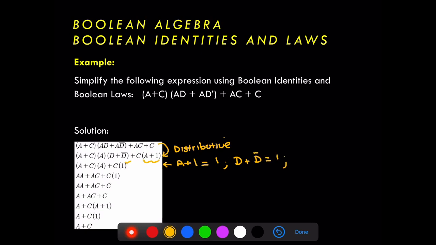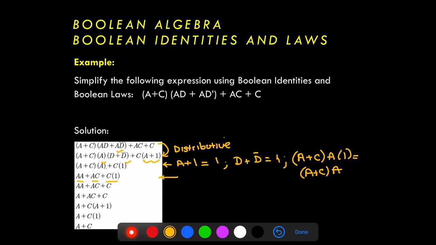And we've also applied in this line that any variable ANDed with 1 is that variable. So A or C and A and 1, which results here when we replace D or D naught with 1, is just going to give us that variable, in this case A or C and A. From there, we can distribute out A again and multiply out to get AA or AC or C and 1.